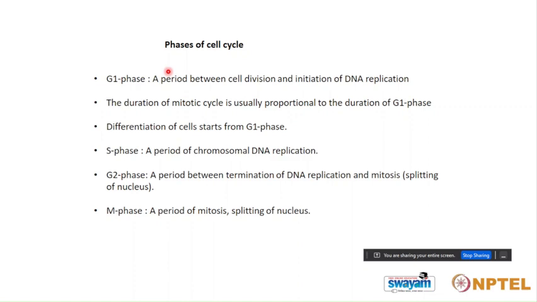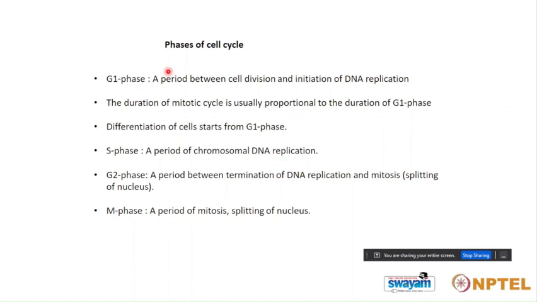After that there occurs the S phase. During S phase, chromosomal DNA replication happens. So during the G1 phase, the initiation of DNA replication starts, and in the case of S phase, the chromosomal DNA replication usually happens.